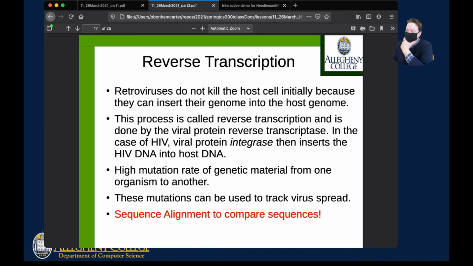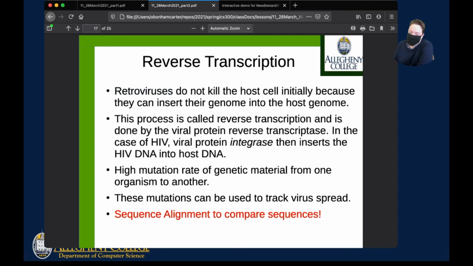But the thing is that these retroviruses, when they infect, they don't kill the cell initially, because if they did that, then they would not get the production assistance that they need to create their proteins. They basically take the cell hostage, and then the cell begins to produce viral proteins and all these other things that they need to survive.